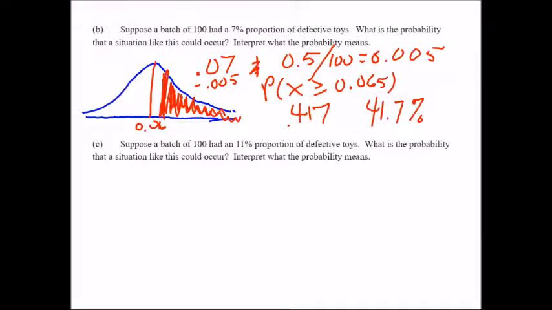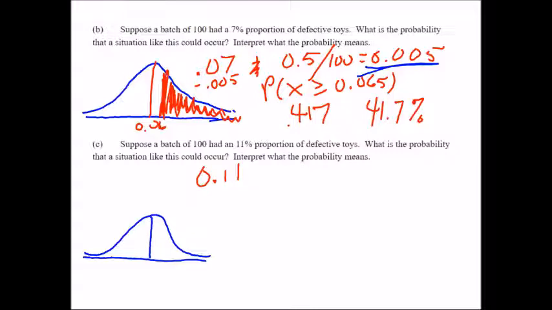In this one, we have 0.11. We're going to use the same continuity correction, 0.005. And again, if we look at what's going on here, here's our mu, right? And we're looking, where is 0.11 in relation to this, right?